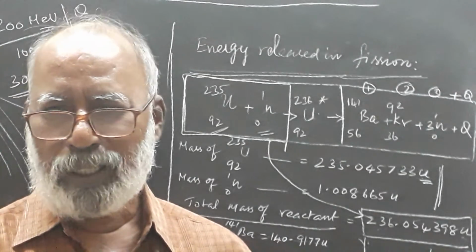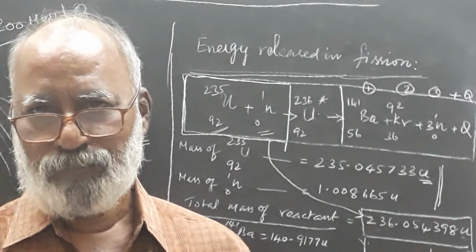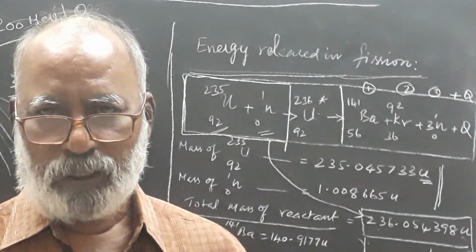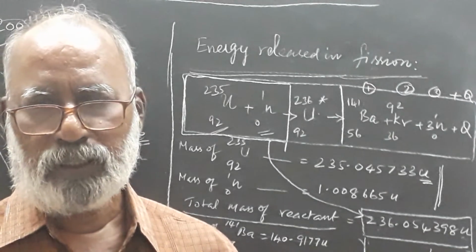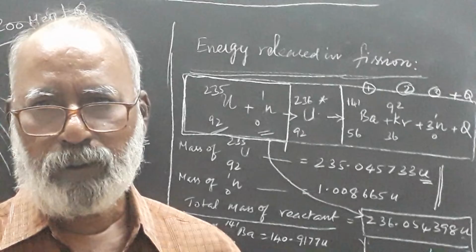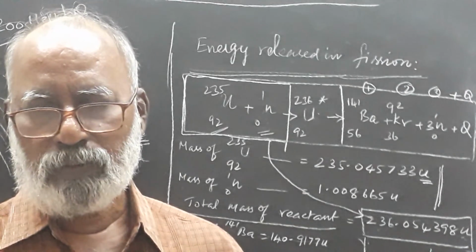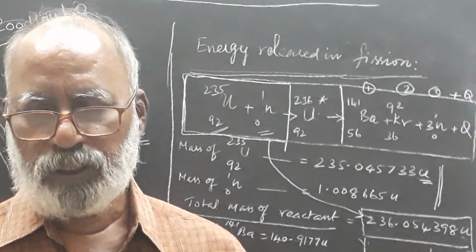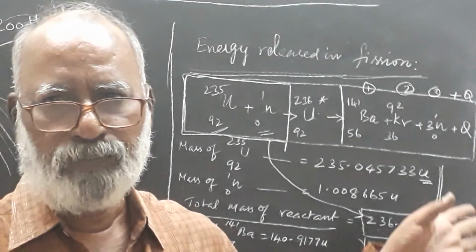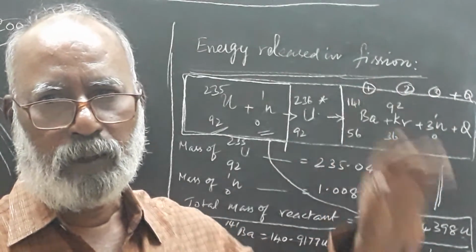That was a tremendous change in science in 1939. In 1947, Hiroshima and Nagasaki were destroyed, and lakhs of people and two entire cities were destroyed by the energy released during the atom bomb.